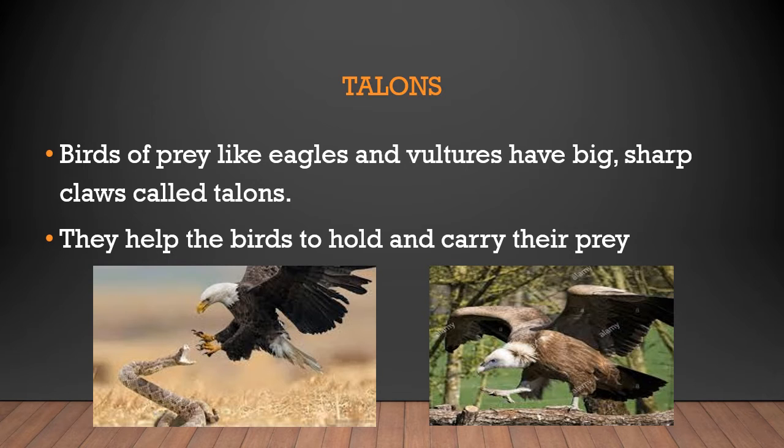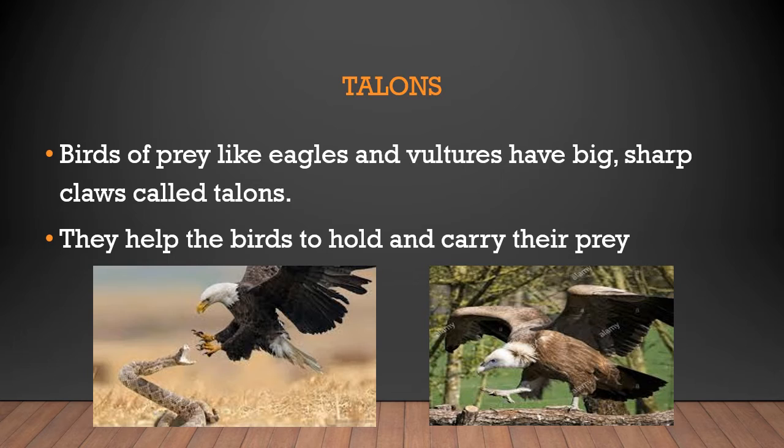These eagles and vultures are very wild birds. They have the capacity to carry one whole snake. Or the vultures feed on dead animals. They eat a lot of flesh, so their claws help them to hold the prey. Prey means the animal which they are going to feed on. These claws help them to grip the prey and carry it wherever it is required.